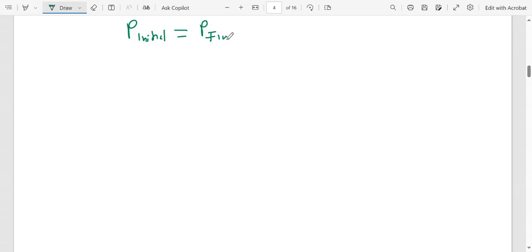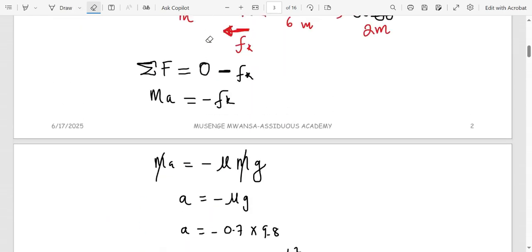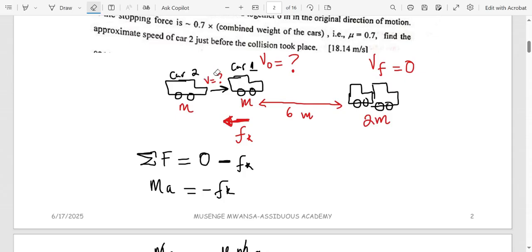But remember at the beginning, we had the momentum of the first car and the momentum of the second car. So the momentum of the first car is m1 v1, but actually at the beginning we'll not say it is v. Since initially I'd used a v, let me change it, because at the beginning the velocity for this first car we are going to call u1, and this one is going to be u2.